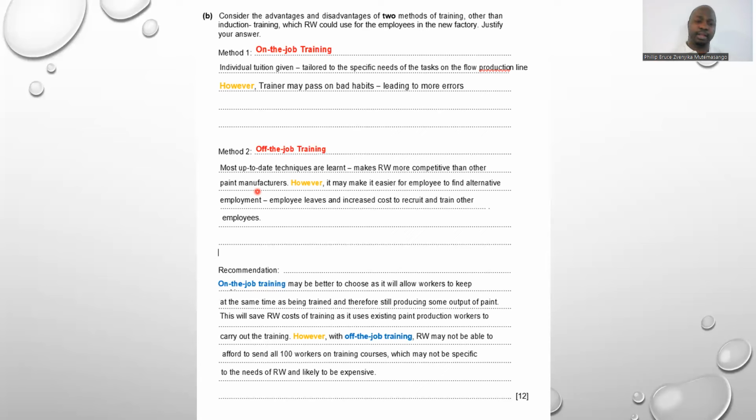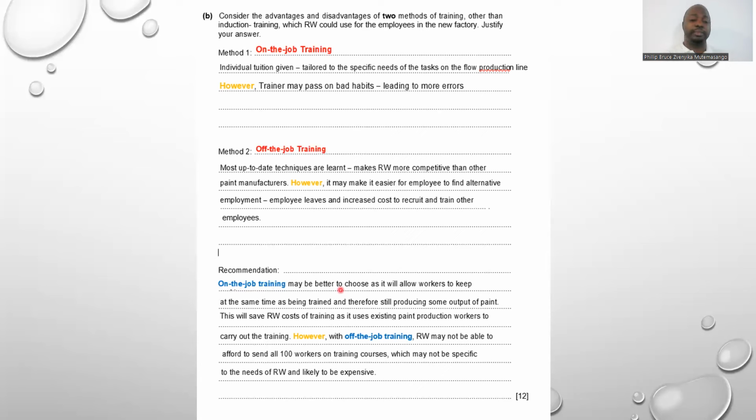So remember, you are supposed to give a good discussion, positives and negatives on each and every method you are going to talk about in such a part or in such a question. And then you are going to make a choice as well afterwards as to which method you are in support of. If you are in support of on-the-job training, you are supposed to go on and talk about it first.